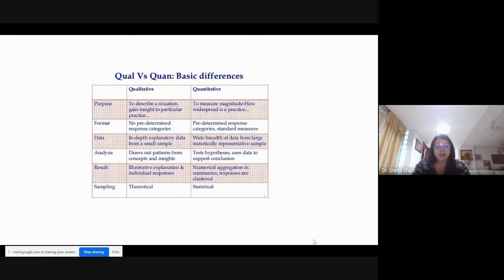The result is an illustrative explanation and individual responses, and sampling is theoretical. You are based on theory. Sometimes from the qualitative data, you are trying to build a grounded theory, which will be very good. But of course, it is time consuming. So quantitative, I already covered just now.